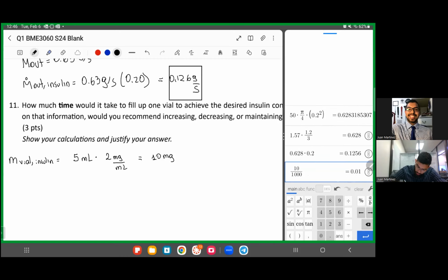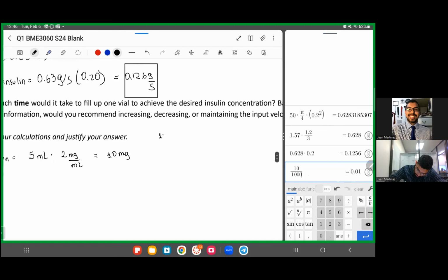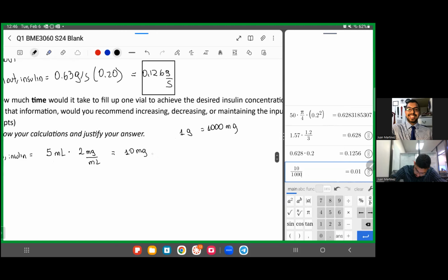We know that 1 gram is equal to 1,000 milligrams. So if we want to go to grams, we go 1 gram, 1,000 milligrams, and we get 0.01.